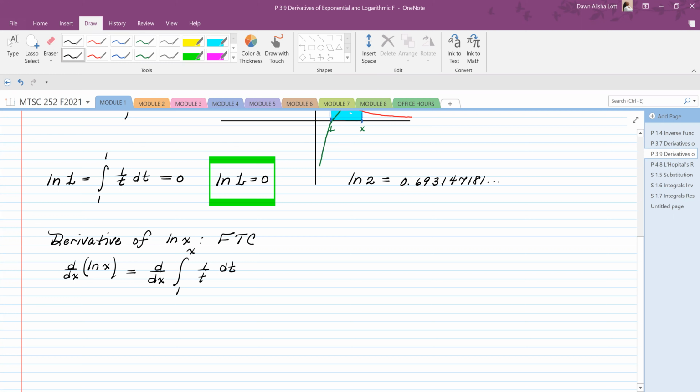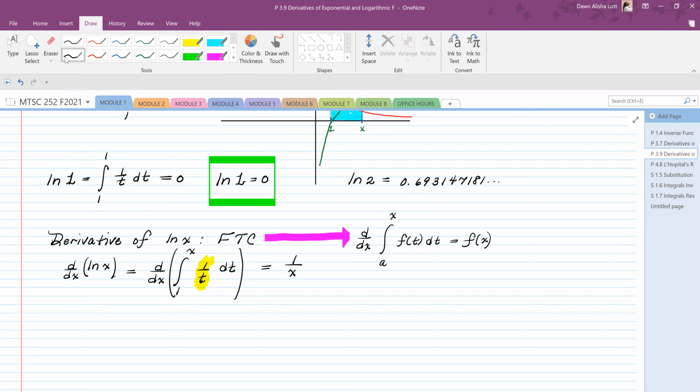And I don't know if you remember how to use the fundamental theorem of calculus, but it says that whenever I take the derivative with respect to x of an integral going to x, I just get the thing inside evaluated at x. In other words, the derivative with respect to x of the integral from a to x of a function f of t dt is just f of x. That's the fundamental theorem of calculus right there. So that's what I used.